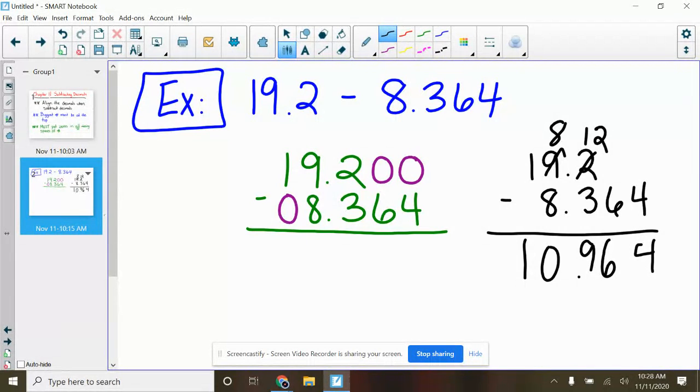So, hang on a second, baby. Here's what I want y'all to do. If you didn't get it, rather than share with me what you did wrong, be your own detective. Find your mess up. Don't look at your answer and go, oh, I was so close. I had 10.846. Well, 10.846 is not 10.836, right? They're different numbers.